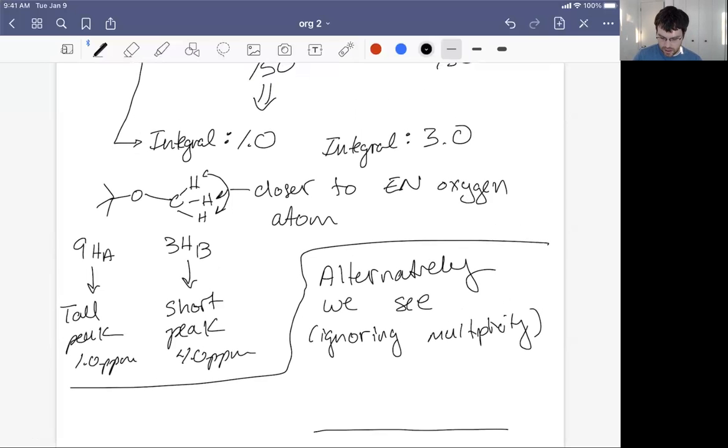Let's say that we see something like this, where at 3.0 we have a peak, and then at 1.1 we have another peak. I didn't do a good job, so I'm going to make that a little bit taller. Okay. So I'm going to go on the next page and try to analyze this. I'm going to call this peak A and then peak B.